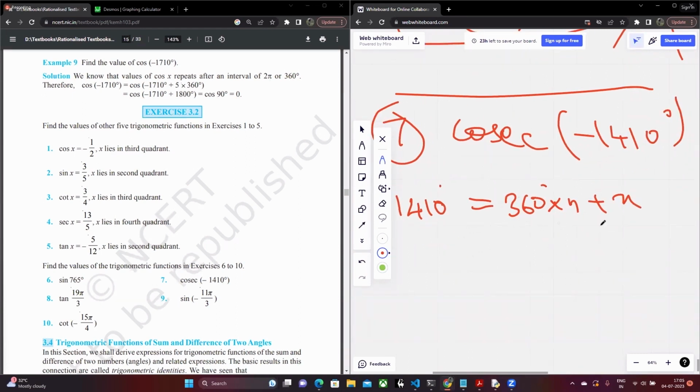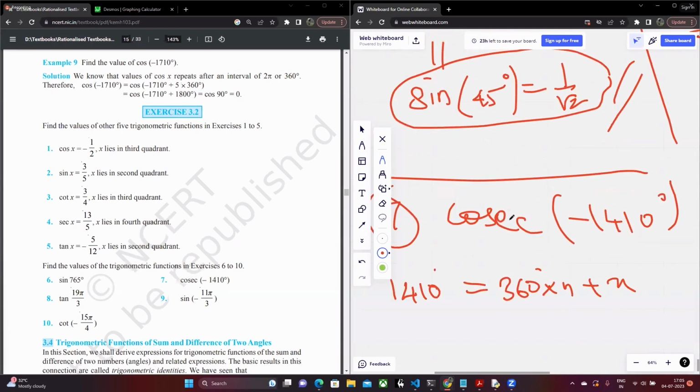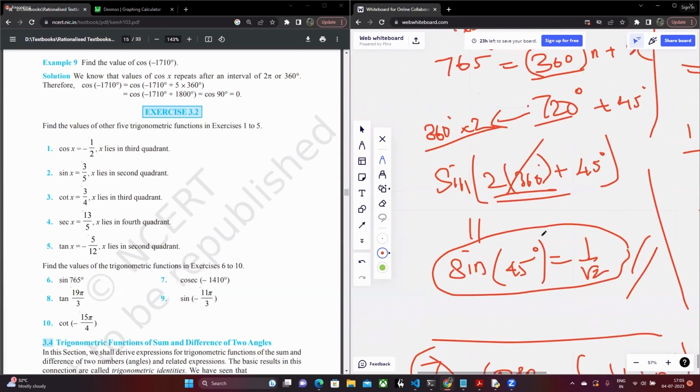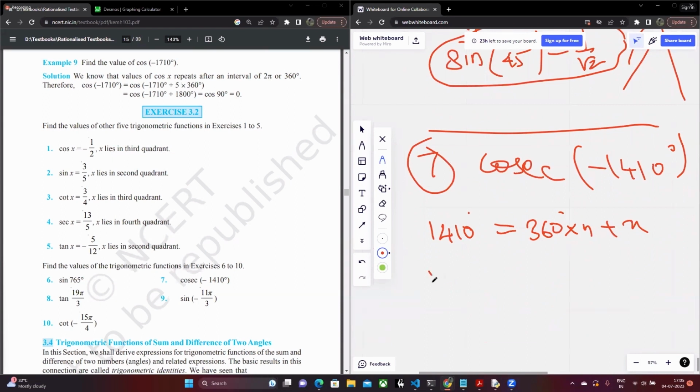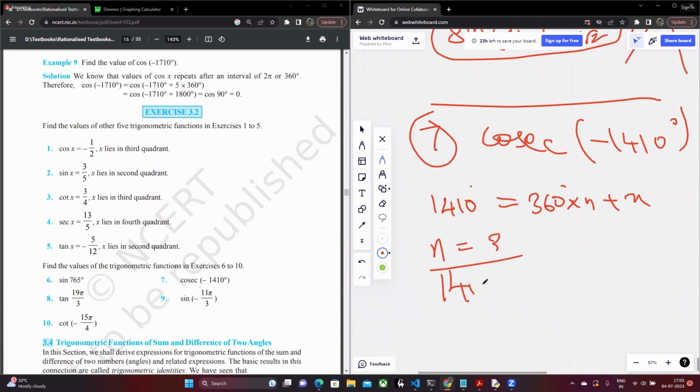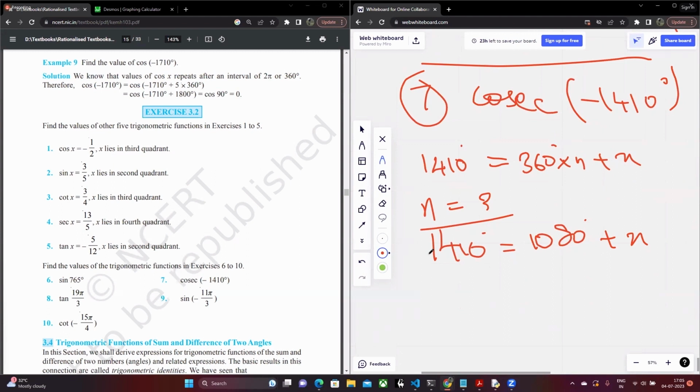So if I make this as 360 into 3, because 360 into 2 over here, you have seen that's 720, right? So if I take n equals 3, this is going to be trial and error a lot. If I take this as 360, then I'll get 1410 is basically 360 times 3, that is going to be 1080 plus x, which means that I'll be left with 350 degrees, right? 350 degrees over here, it's going to be equal to x.